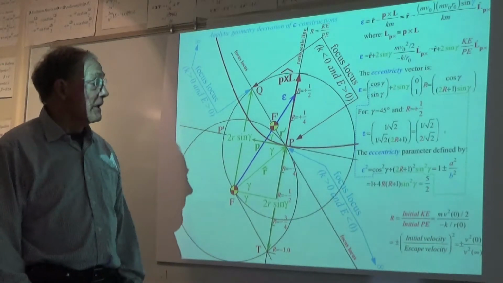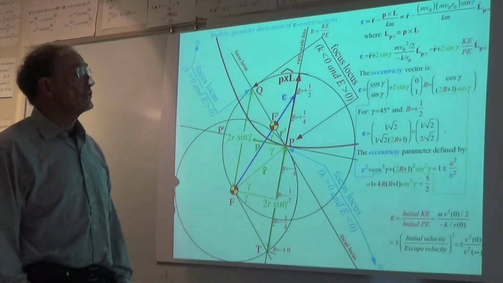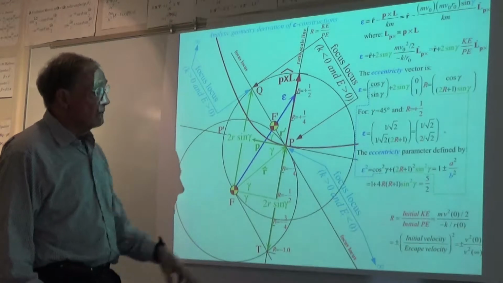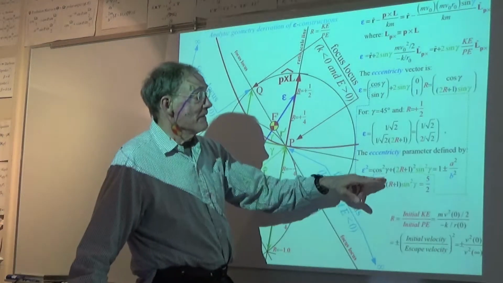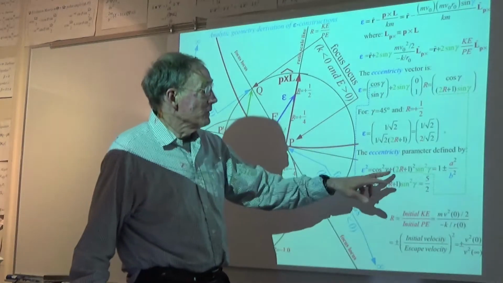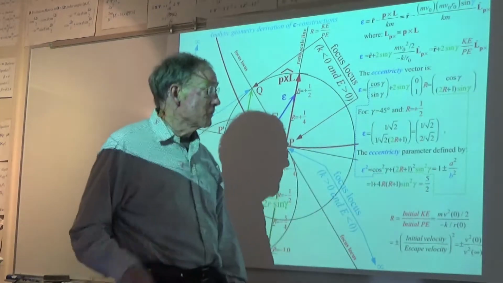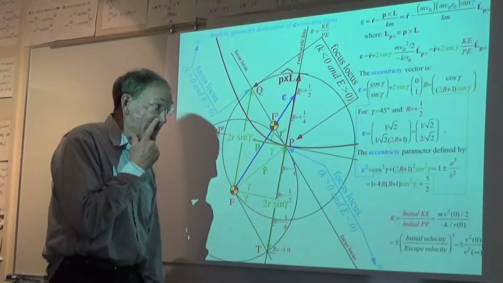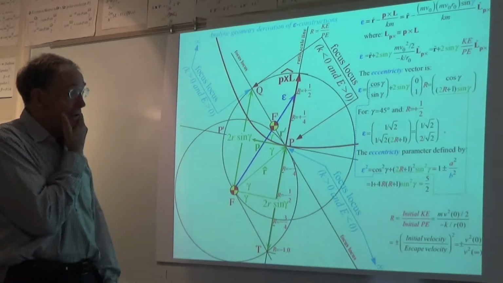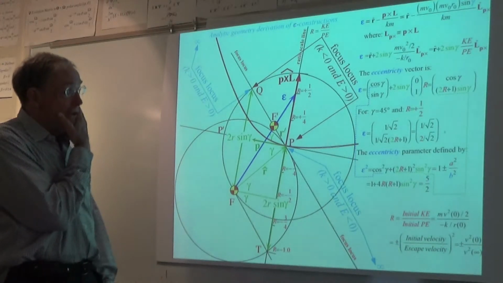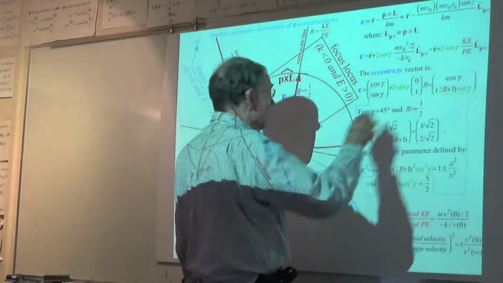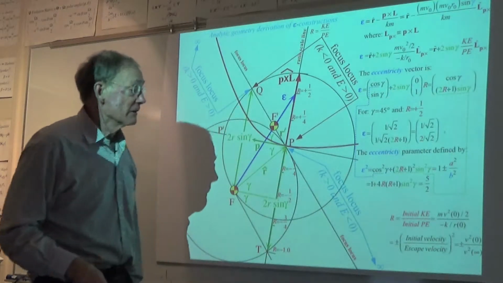Now remember, the eccentricity parameter is defined by cosine squared, and this is what's nice, it's this 2 times this ratio plus 1, squared, times sine squared. That's kind of a neat thing. We're going to talk some more about that, but that's really what we're seeing, just from the algebra and the geometry here.